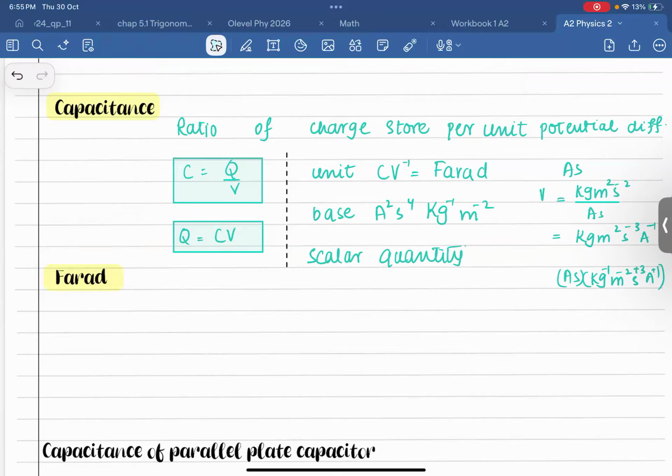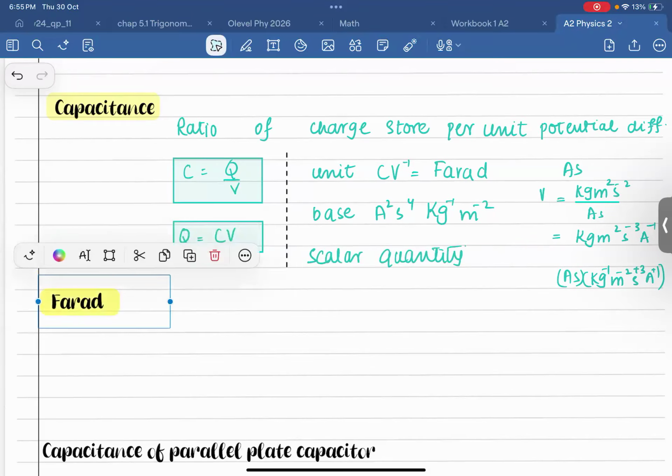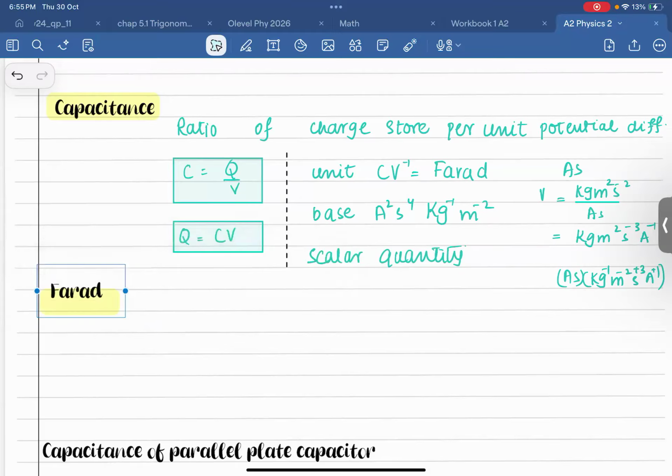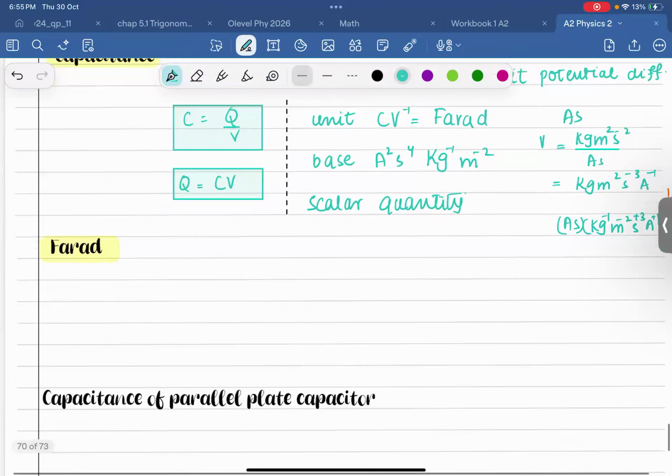Now, if we try to explain the farad, the way we used to do the ohm and the volt at AS level, similarly for the farad, we can say that it is the ratio of coulomb per volt.